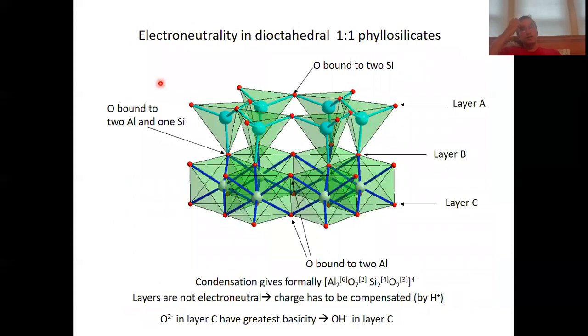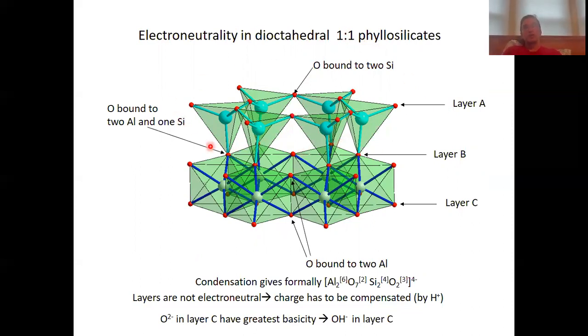So now let's have a closer look at the electron neutrality in these structures. By the way, these phyllosilicates are called one-to-one phyllosilicates because we have one tetrahedral layer connected to one octahedral layer. You see here basically a magnification of such a sheet.